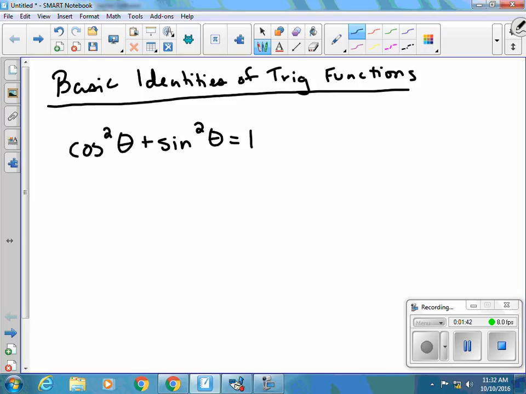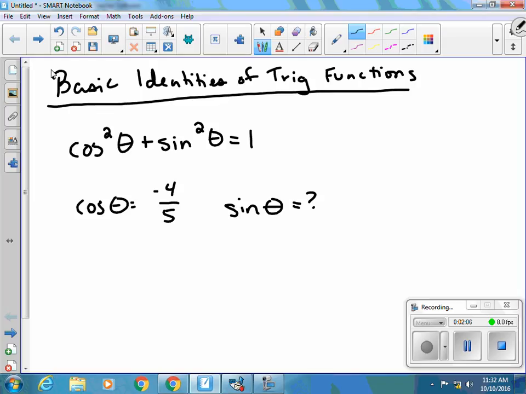They may give you a value that cosine theta equals -4/5. What is the sine of theta? This is where you could, without even using a graphing calculator or the unit circle, set this up in order to find your sine of theta using this Pythagorean identity.